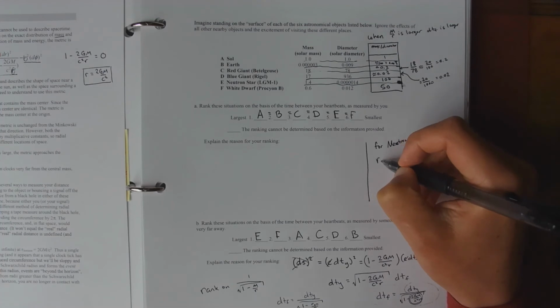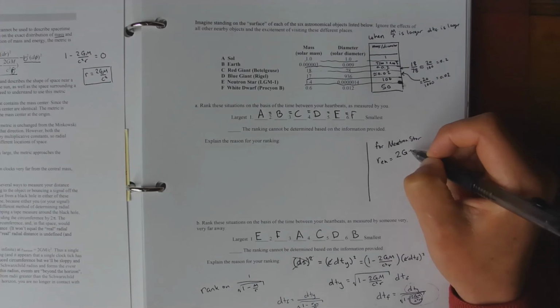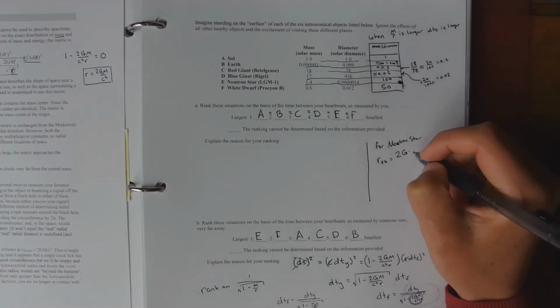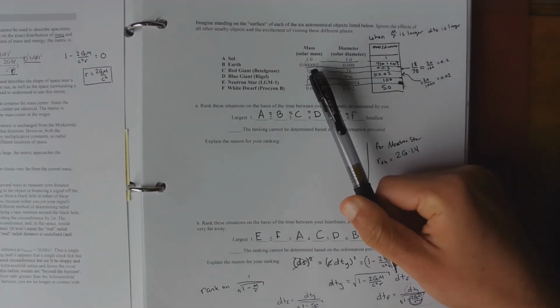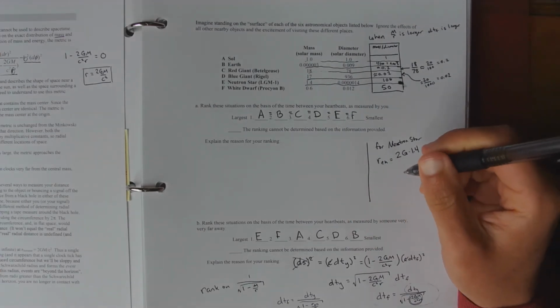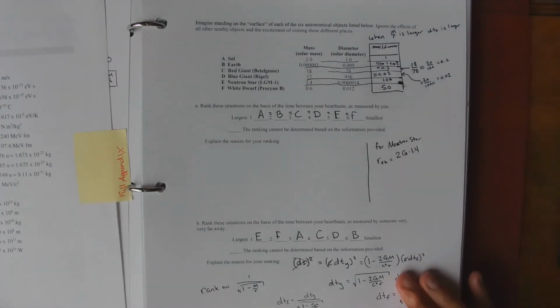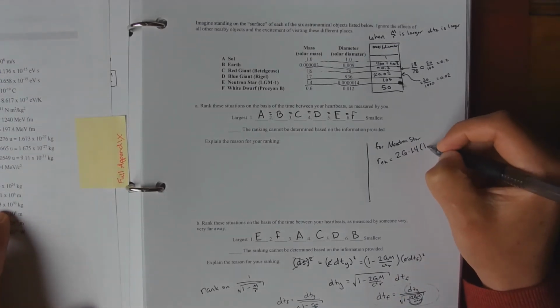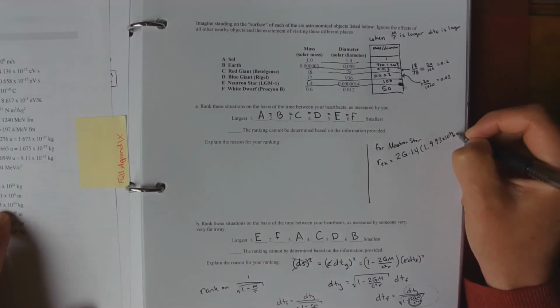That would be our event horizon is equal to 2 times G times M, which is 1.4. And remember, this is a multiple of the solar mass, so that would be 1.4 times 1.993 times 10 to the 30th.